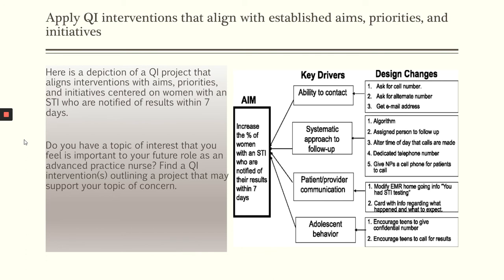So I won't go any further with the adolescent behavior, but here's an example of applying quality improvement interventions with what we've established as far as priorities, aims, and initiatives to support this particular problem. So I want you to think about how you can do this, because guess what, ladies and gentlemen, this is what's going to initiate clinical practice guidelines.